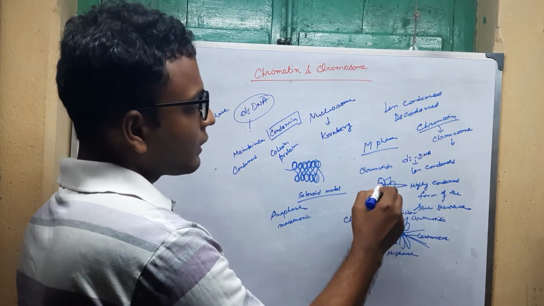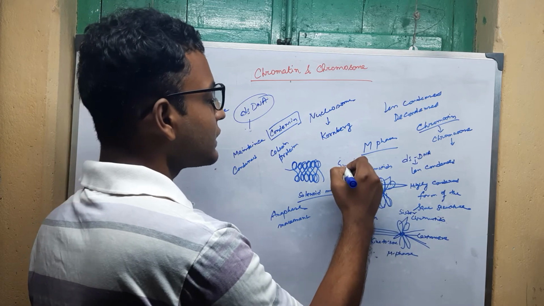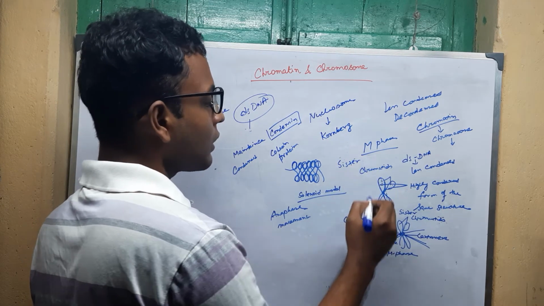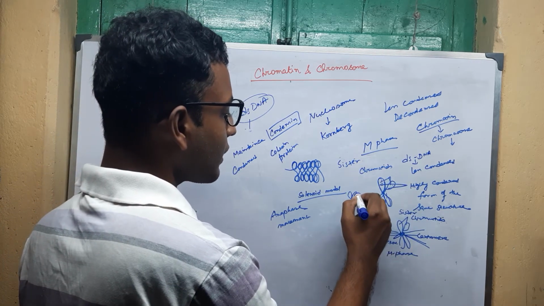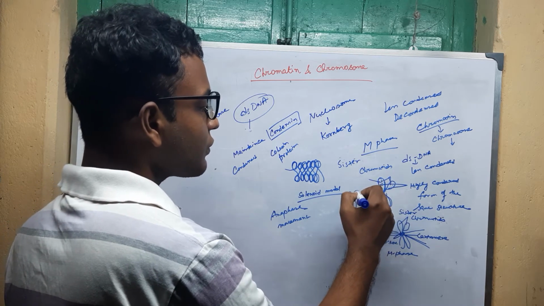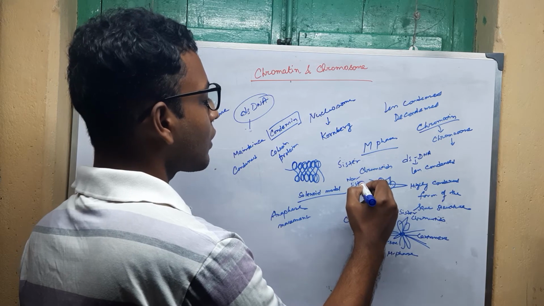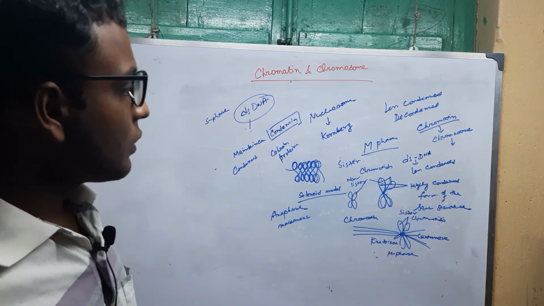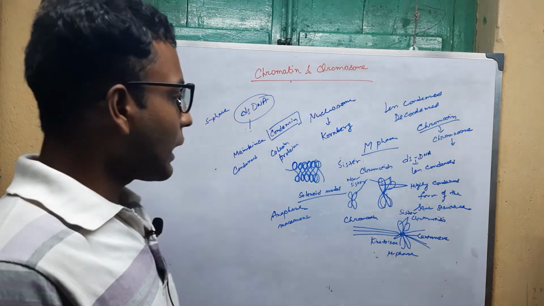When these two chromatids are homologous, they are known as the sister chromatids. Now if we consider that this is a chromosome and this is the other chromosome, then these will be the non-sister chromatids. So the idea is clear: the chromatin, chromosome and the chromatid.